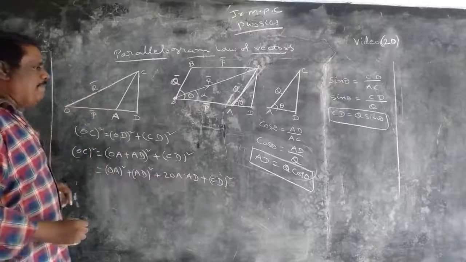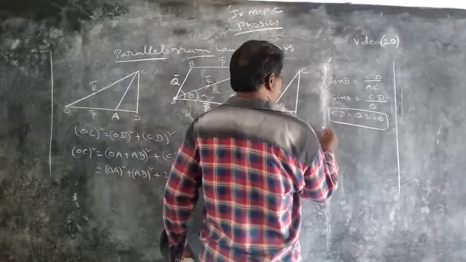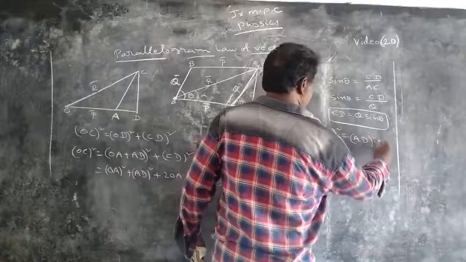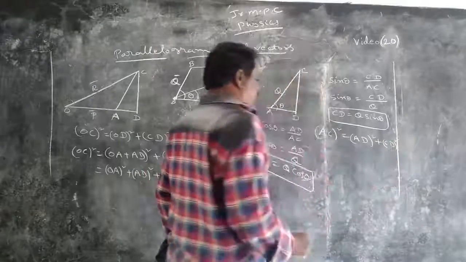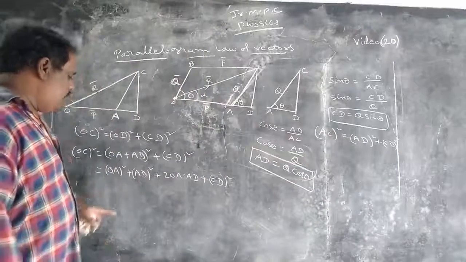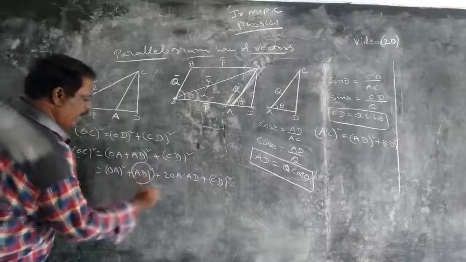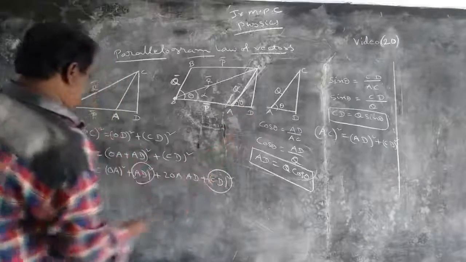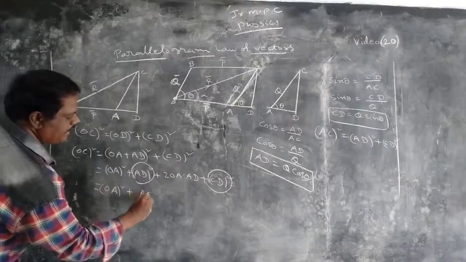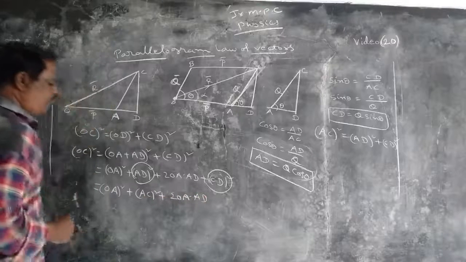Apply the Pythagoras theorem for this small right angle triangle. What is going to happen here? AC square is equal to AD square plus CD square. So in the place of AD square plus CD square, we can write AC square. Then it becomes OA square plus AC square plus 2 OA AD.